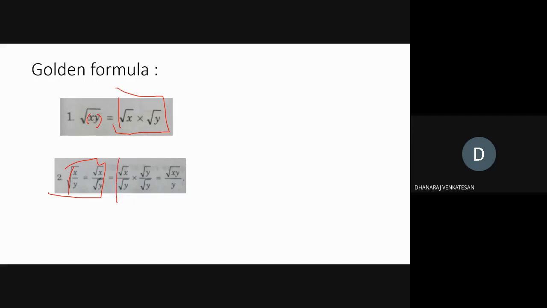When coming to this formula, it is used when the denominator is given as an absurd root y. When you can't solve root y, that time you have to use this formula. You have to multiply the given fraction, root x, with the denominator itself.